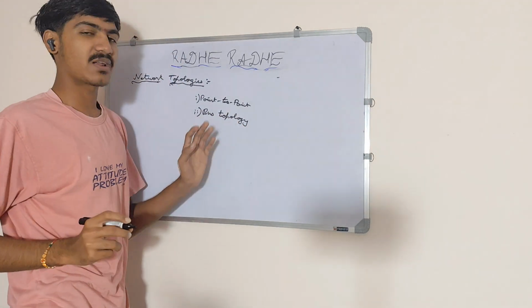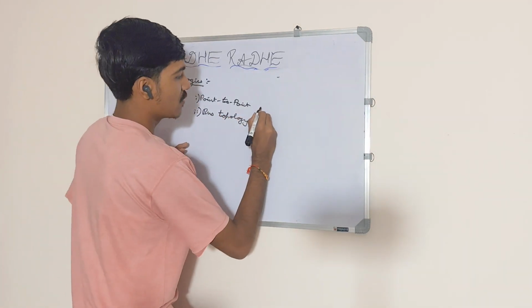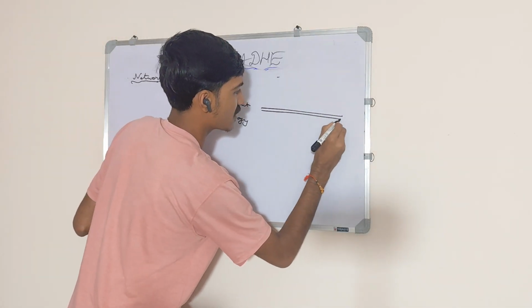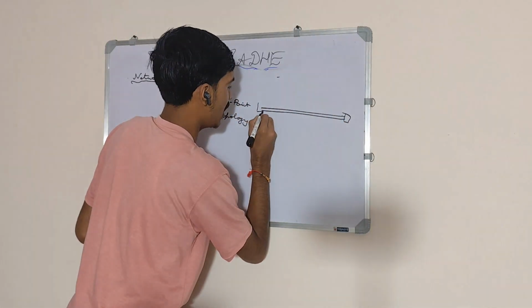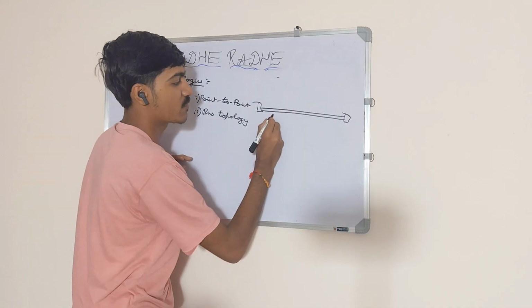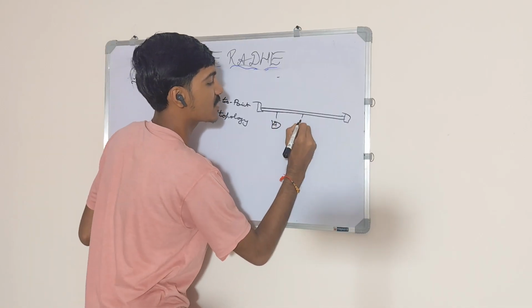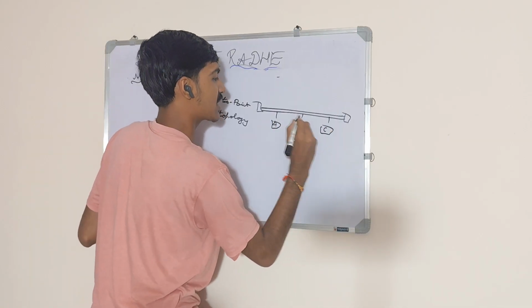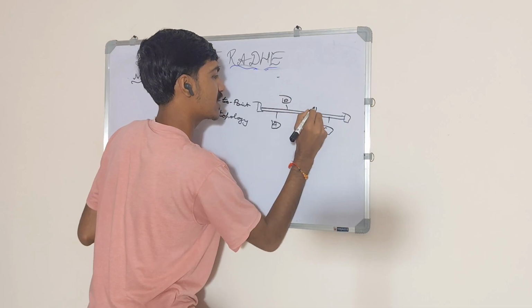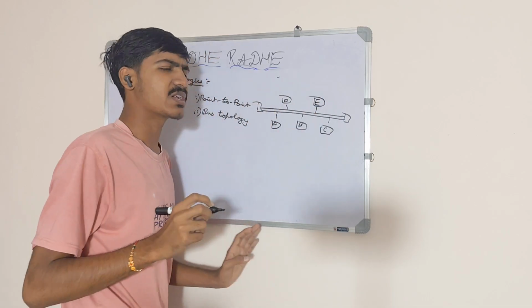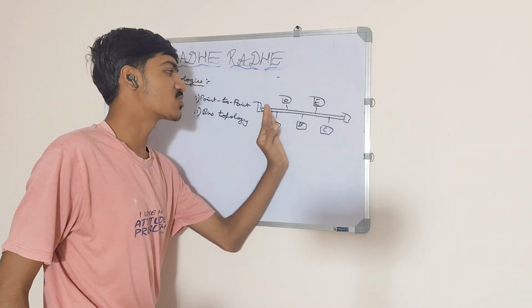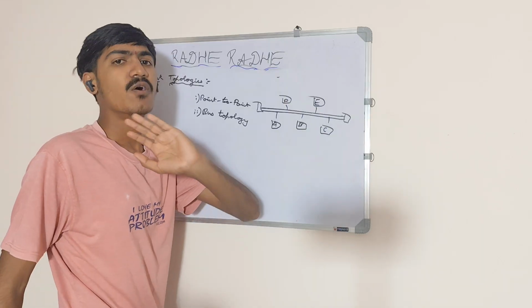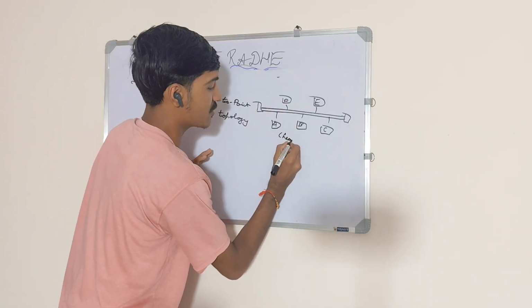Here I have a common bus, one central cable running, to which you can connect any number of devices. You can connect A, B, C, D. The advantage here is that connecting devices to the network is very easy, and it was cheap.